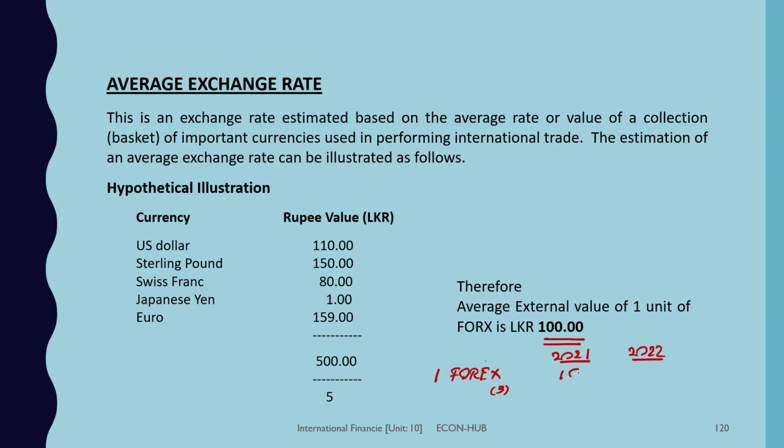In 21, we'll say it was 100, and in 22, it has become 120. So I look at this and realize, okay, my average exchange rate, 21 to 22, the rupee has on average depreciated. Yes or no? On average depreciation is there. Are we clear?